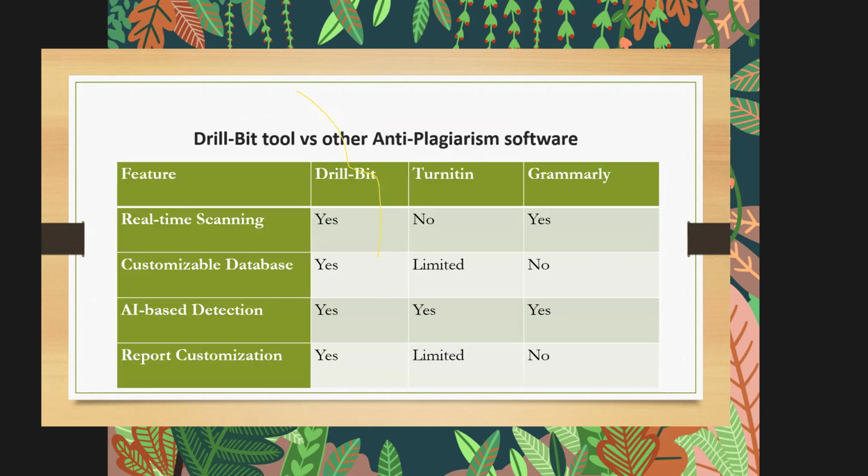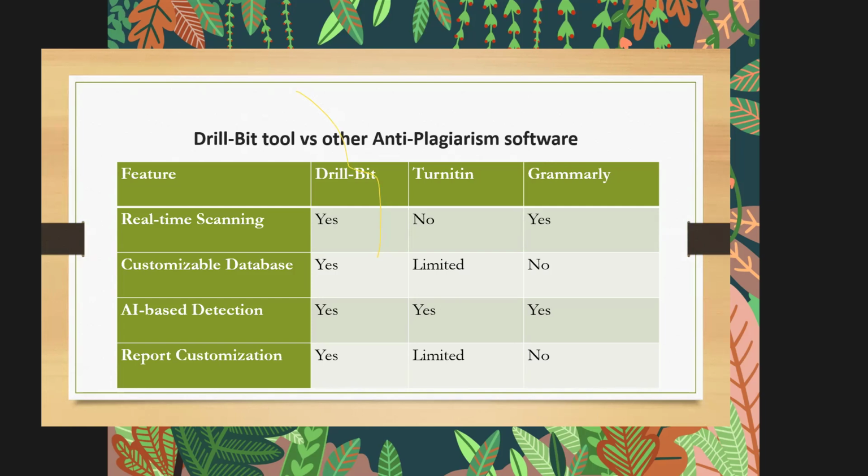Drillbit versus other anti-plagiarism software: Drillbit, Turnitin, Grammarly. Drillbit is for purchase, Turnitin is for purchase or subscription, and Grammarly has a free version and also a premium package. Real-time scanning: yes.